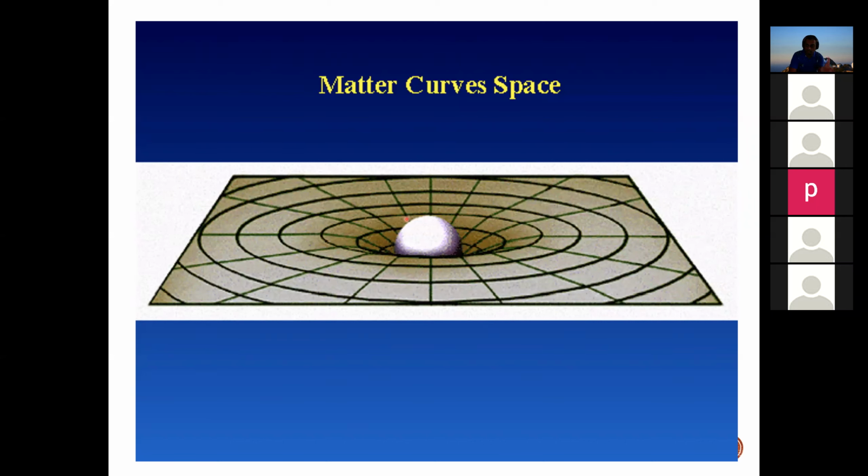Our sun is at the center of the solar system, and the mass of the sun is larger compared to all the other planets. Because of that, the space around it gets curved. Once you have this curved space, all the other objects like planets, asteroids, and everything will move around this curved space, right? That's what happens according to the general theory of relativity.